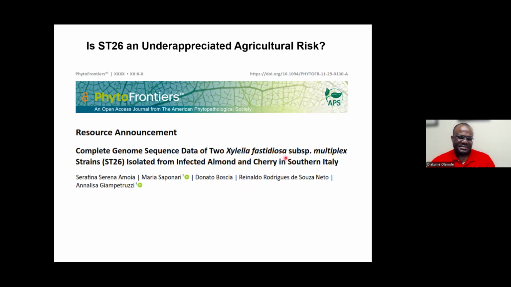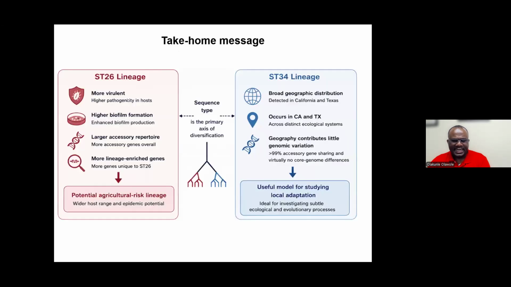So this observation suggests that the ST26 may represent a globally distributed, agriculturally important lineage which deserves increased surveillance and probably functional investigation. So that's going to be the major take-home point from this slide, and from this talk today.